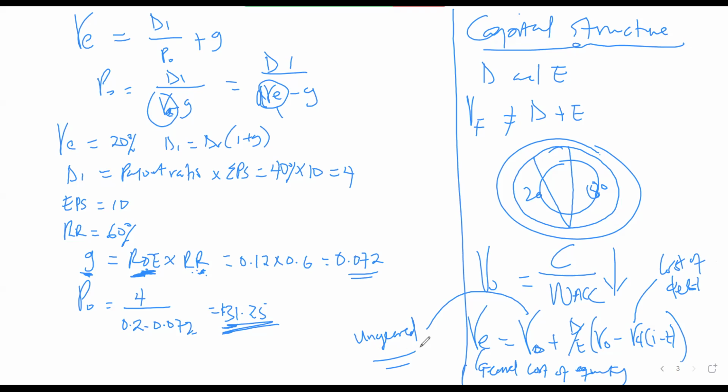So when we do this, we have showed the impact of financial risk on the business. Now let's look at the impact of capital structure on CAPM. Same computation of cost of equity.